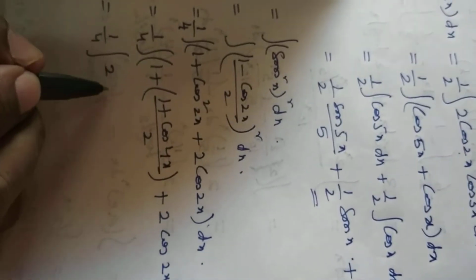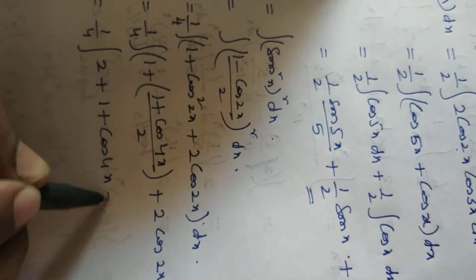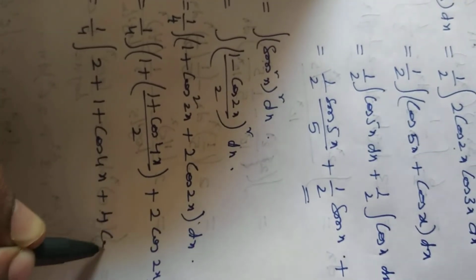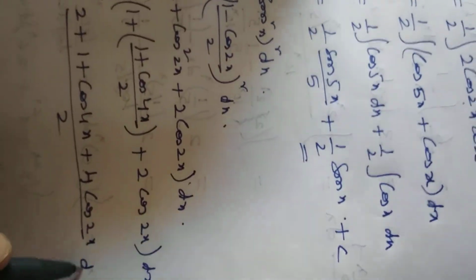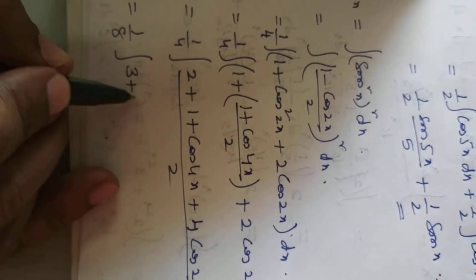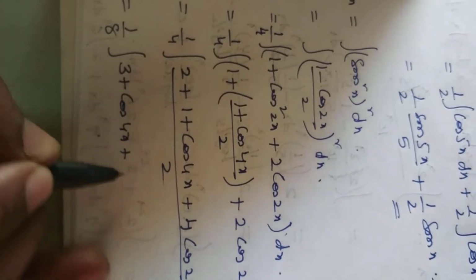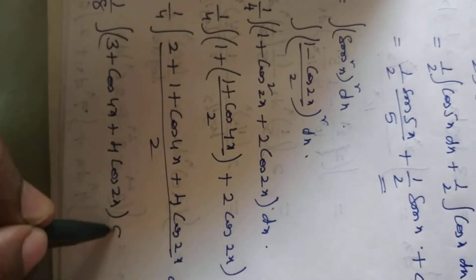So 1 by 4 of integration of 2 plus 1 plus cos 4x minus 4 cos 2x by 2 dx. So this is equal to 1 by 8 of 2 plus 1 is 3, 3 plus cos 4x minus 4 cos 2x whole dx.